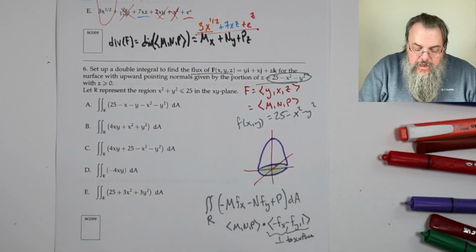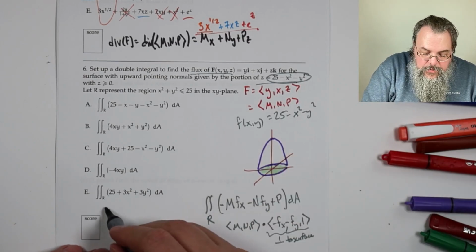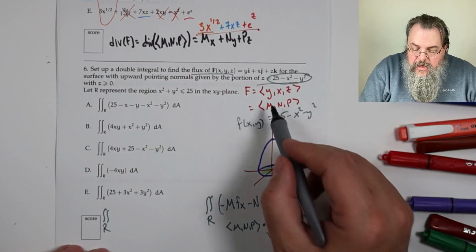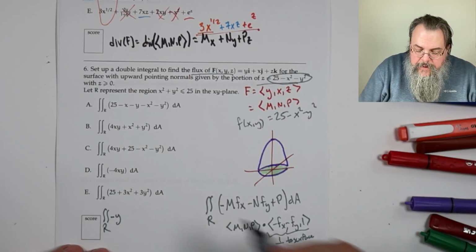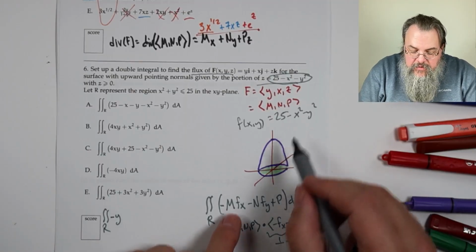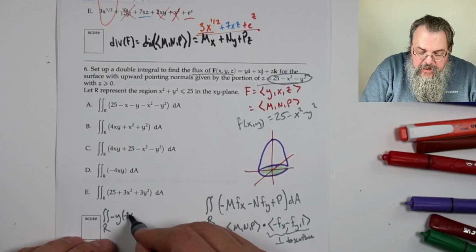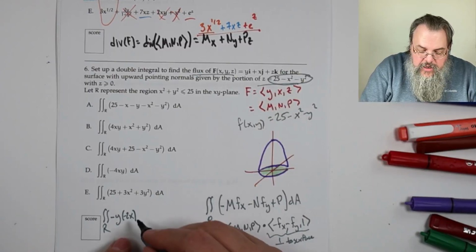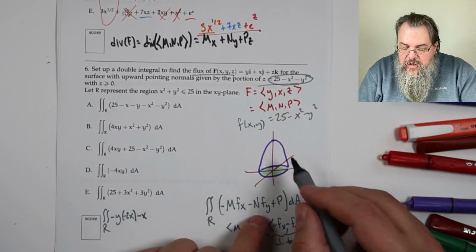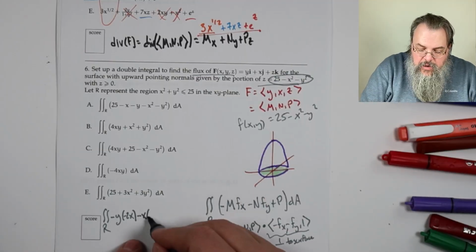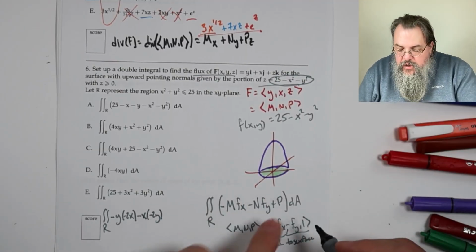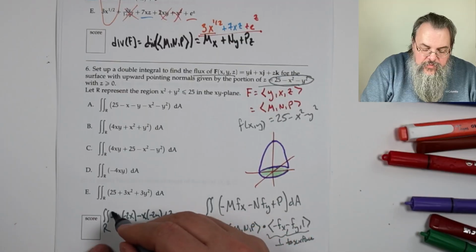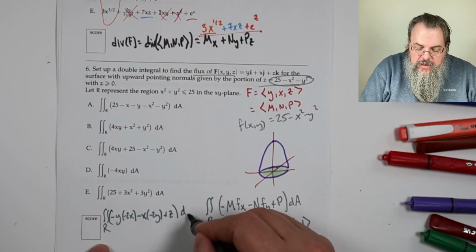So we have, and we'll put it here, integral over our region minus M, so that's minus y, times f sub x, that's minus 2x, minus N, so that's minus x, times f sub y, that's minus 2y, and then plus P, plus z.